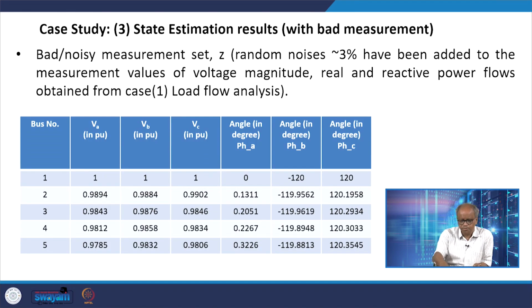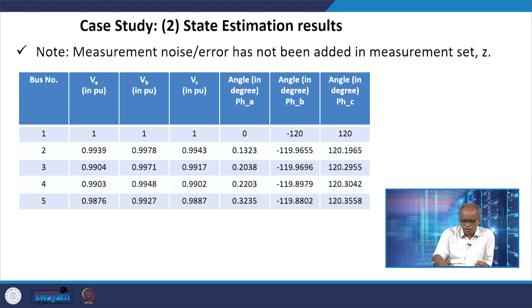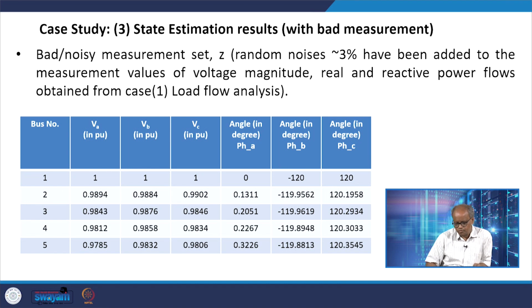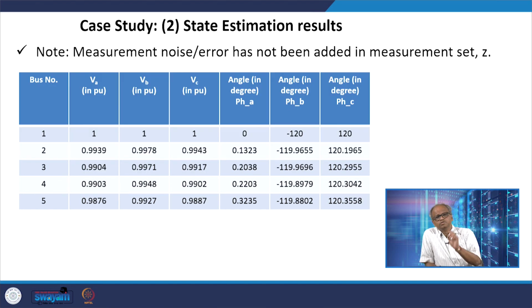For example, for bus 2 phase A, the estimated value is 0.13111 degree, and the ideal value is 0.1323. For bus 3 phase A, this angle is 0.2038, and it is 0.2051. Although these estimated values are not exactly equal to the ideal values, they are pretty close. So these values give us a reasonably good idea of the voltage magnitudes and voltage angles of the system, and that is basically the idea of doing this state estimation.